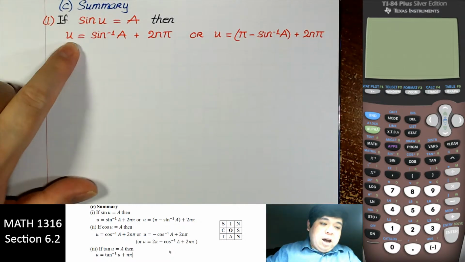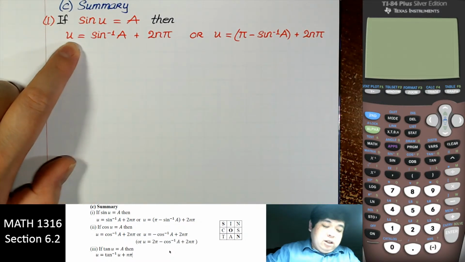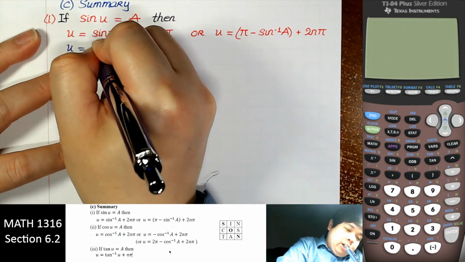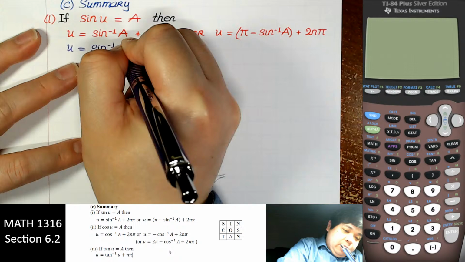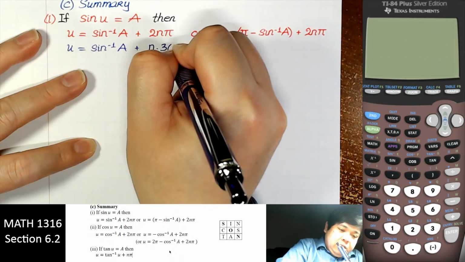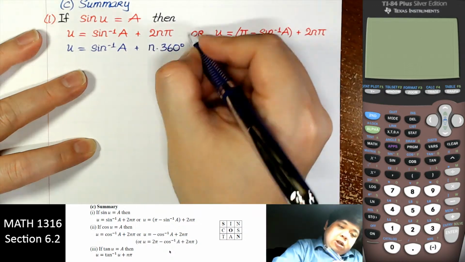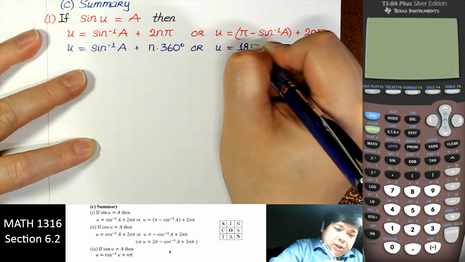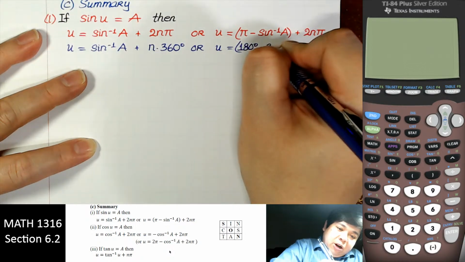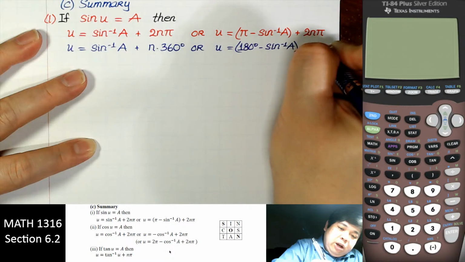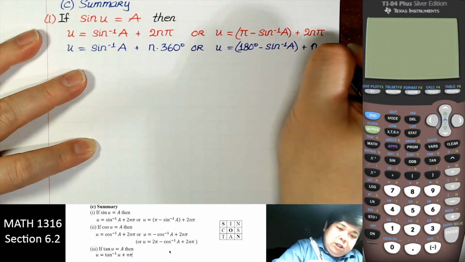Right. In terms of degrees, we will have u equal to sine inverse of a plus n times 360 degrees, or u equal to 180 degrees minus sine inverse of a plus n times 360 degrees, which is 2n pi.